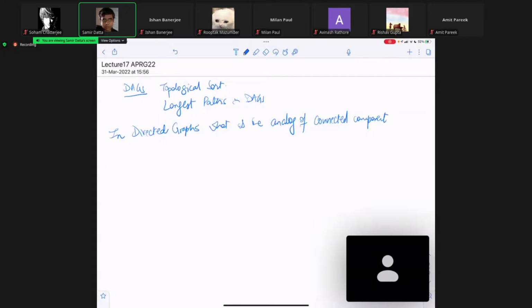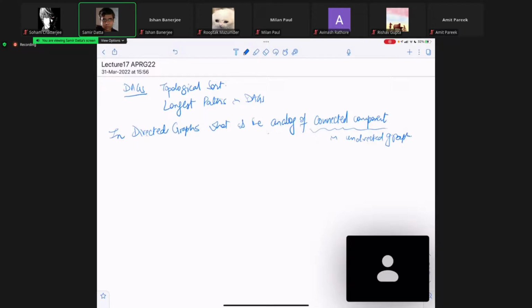A connected component is defined in undirected graphs, and we want to see whether there is an analog in directed graphs. So what is a connected component?